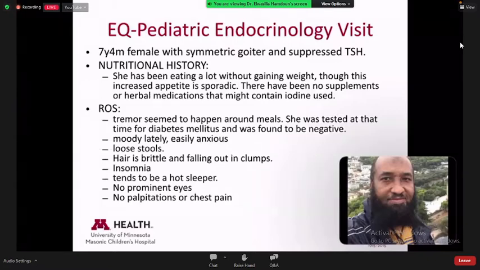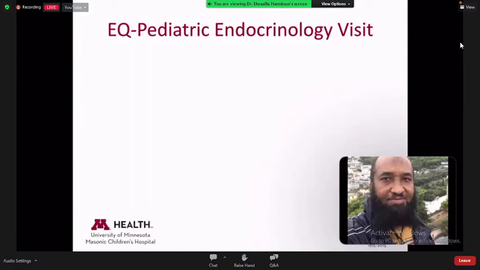There are mood swings, sometimes anxious, loose stool, like diarrhea, hair abnormality, sleep problem, cannot sleep, and always tends to be a hot sleeper, or heat intolerance. No prominent eyes and no palpitations or chest pain.